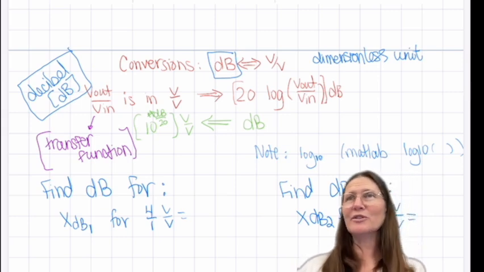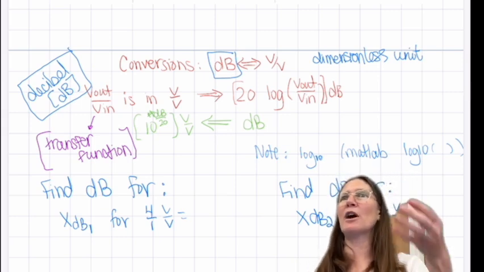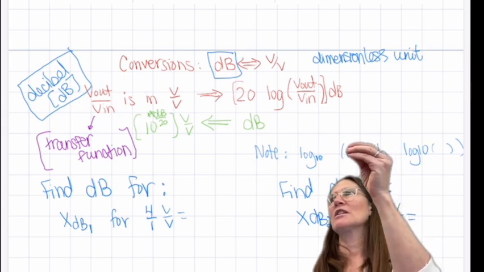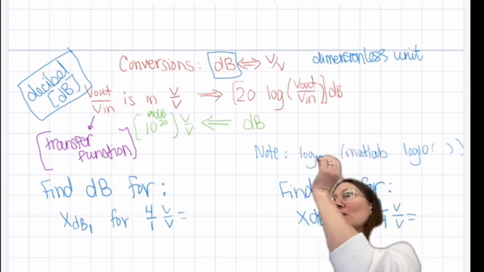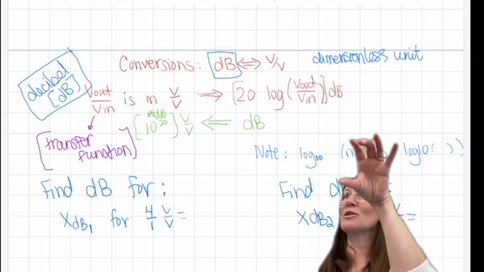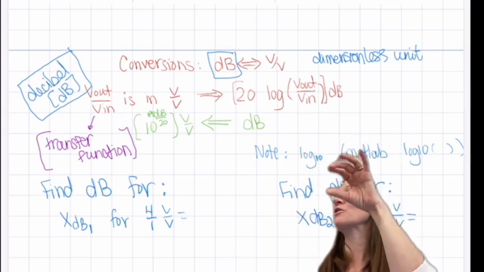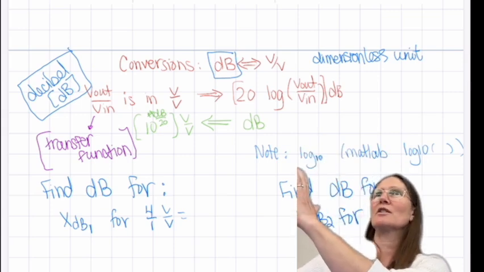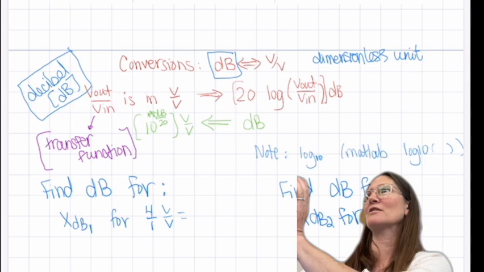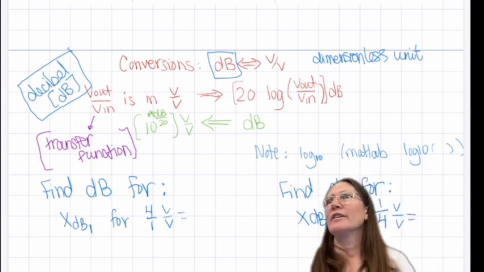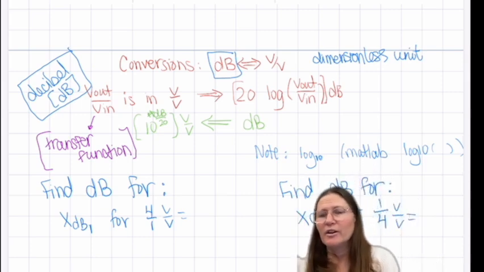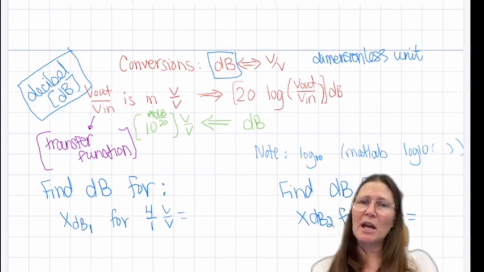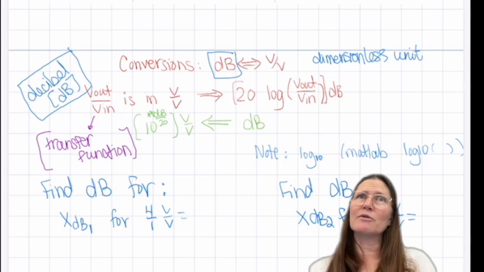So if asked what is a transfer function, that means that you found the output equation in terms of the input, and all you do is divide the input over to the other side, so it doesn't matter what that input is, and then you have an equation on the other side. That equation is called the transfer function. When we derive this by hand, we're going to find that value to be in volts per volt.